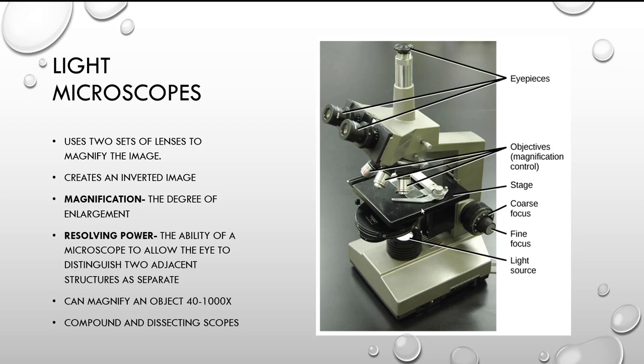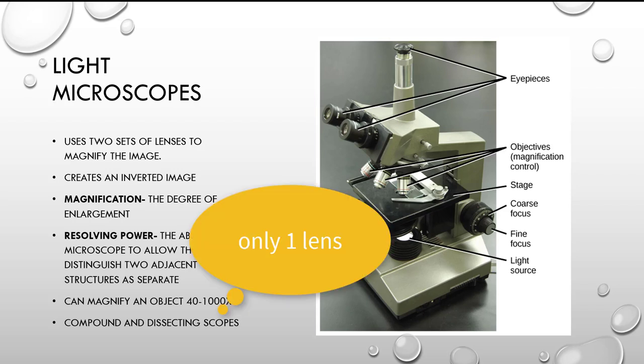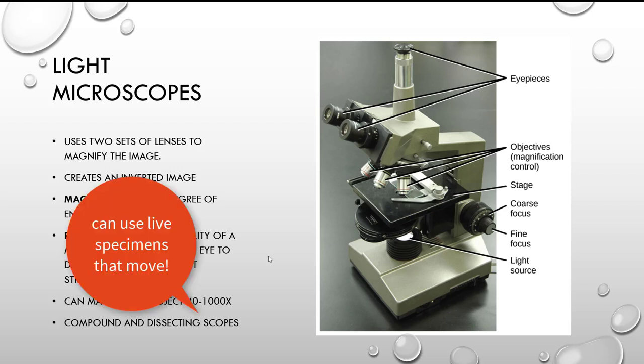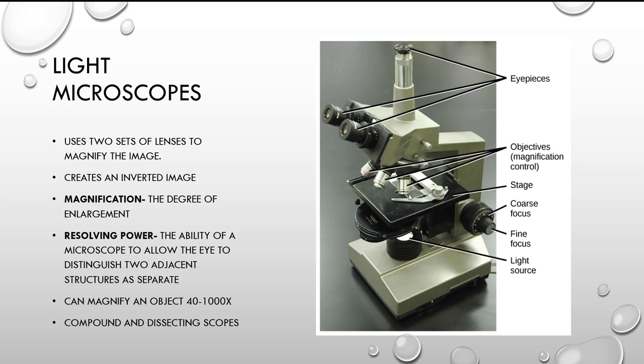The dissecting scope is a different type of scope. I don't have a picture of it here, but what's useful with the dissecting scope is that it uses light just like this one, but it only has one lens. And what's useful about that one is that you can have a live specimen. So for example, if you have a petri dish with something that's moving around, whereas here you have to have a slide with a cover slip.